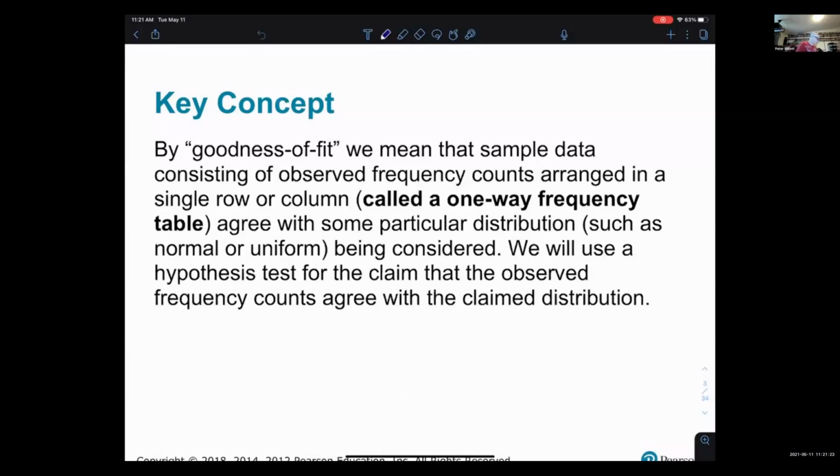So what does that mean? Let's again try to put a simple example out there to help us think about it. So they're saying we're going to have observed frequency counts arranged in a single row or column. So let's start real simple. Let's say I'm looking at cars in a parking lot, maybe for all the people that drive to DVC.